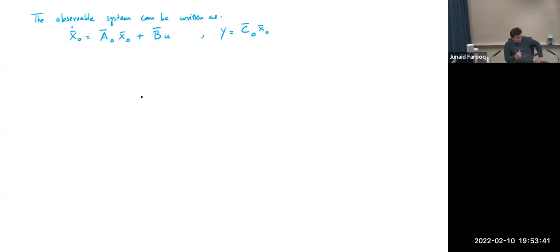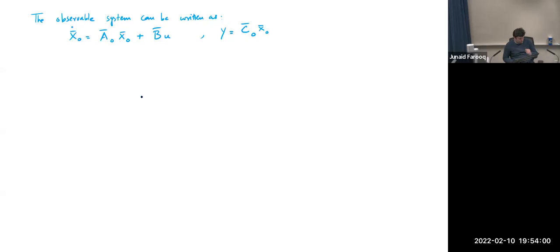Okay, so up till now we have seen both the concepts in detail: controllability, observability, and how to decompose them into the separate parts. We saw the transformations. We saw a few examples here and there.